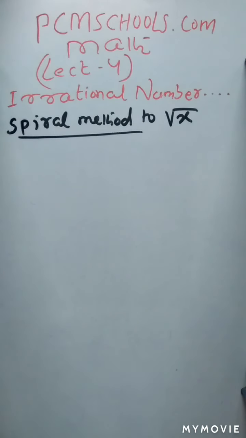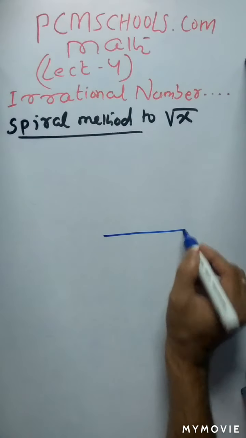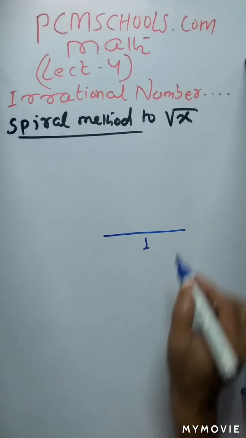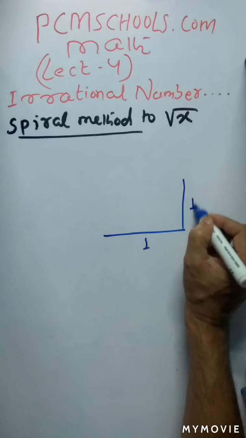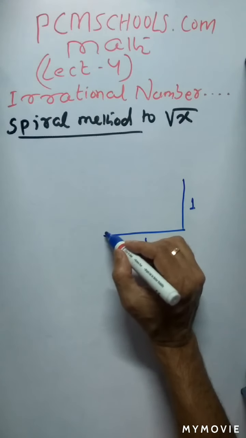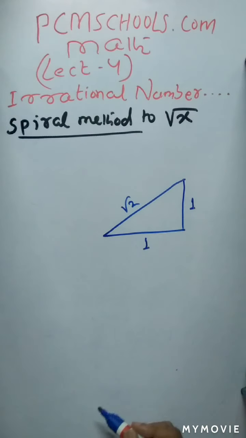So how will you do it? Now see, suppose initially you take 1 unit. Let us say this is 1 unit. And you take a perpendicular line which is also 1 unit. Then what is the hypotenuse? Hypotenuse is nothing but root 2.